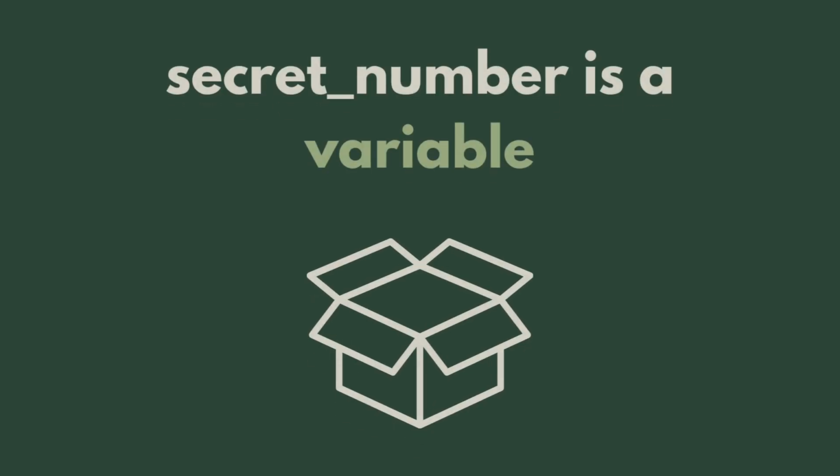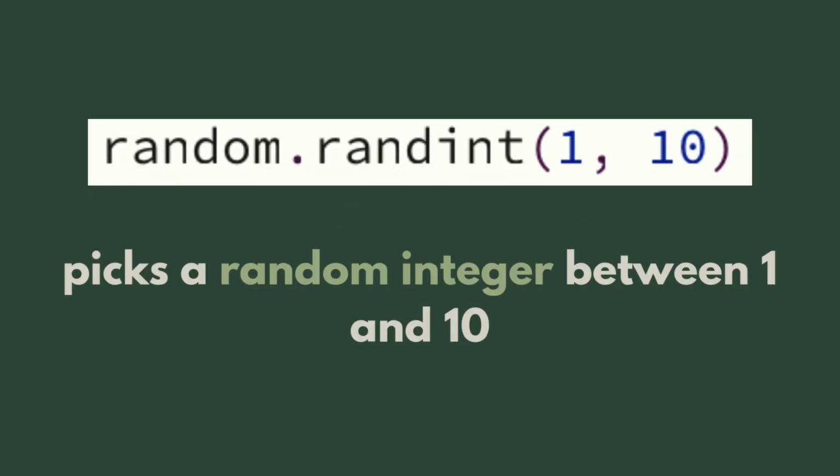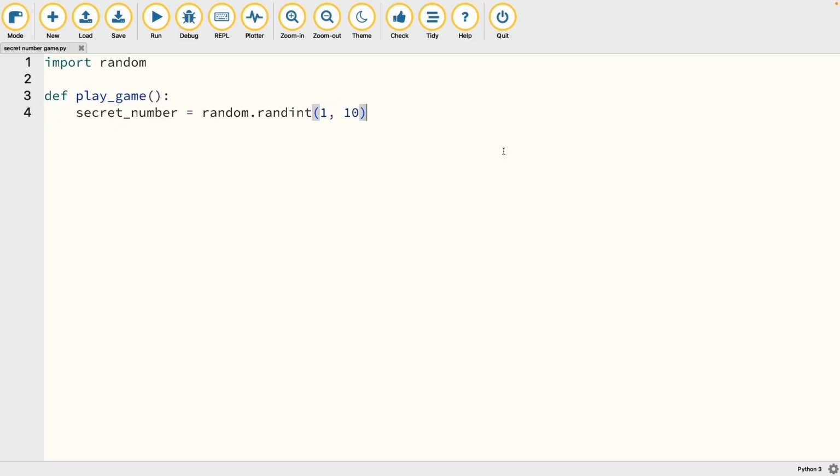Okay, so secret number is a variable, which is basically a storage box where we can store a value. We know it's a variable because we're using the equal sign to assign something to it. Random.randint brackets 1 comma 10 is the part that picks a random integer, which is a whole number, between and including 1 and 10.